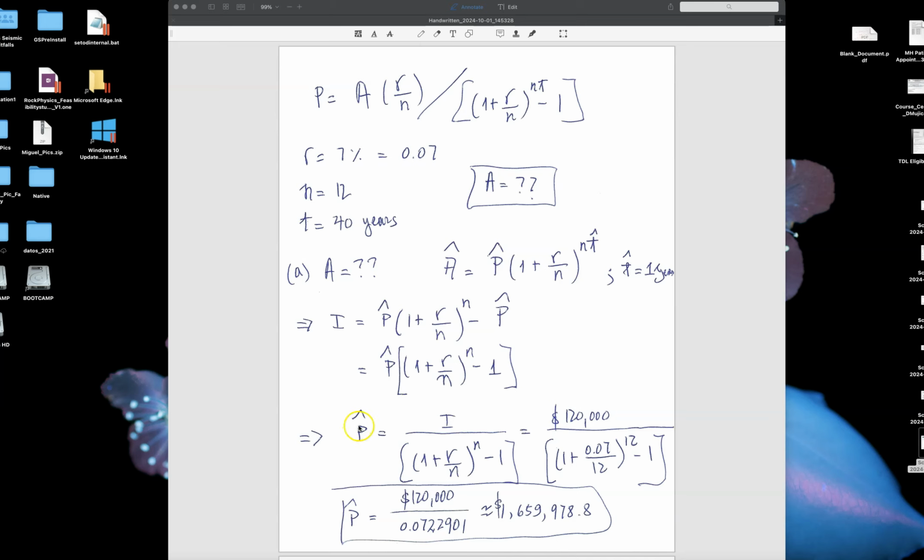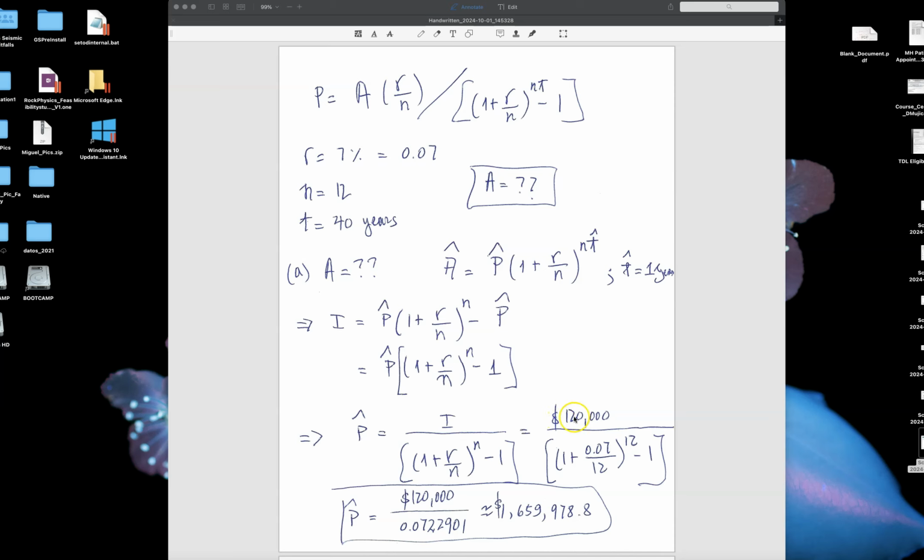And that P hat is the number that I'm looking for here, which is what this transaction is going to produce in 40 years. That's the point.